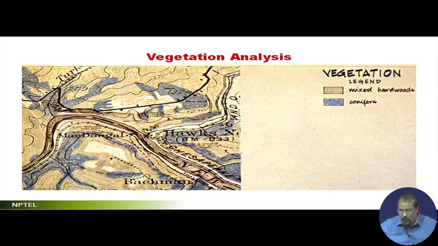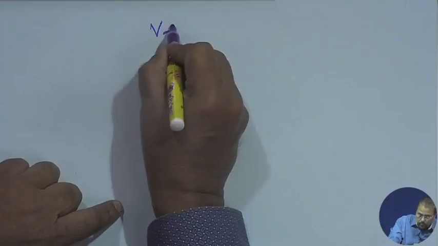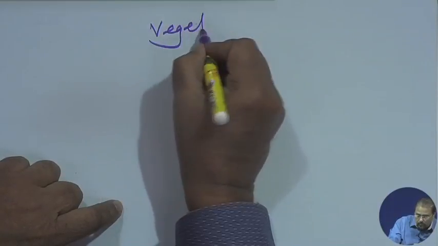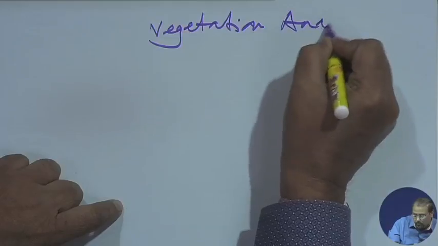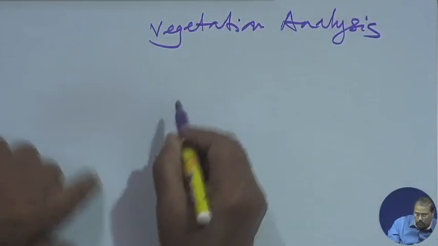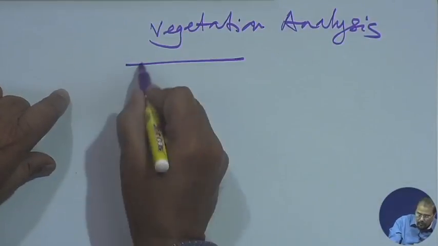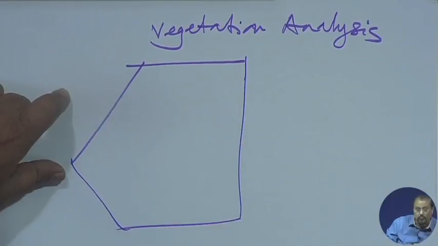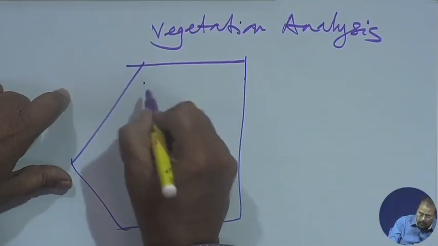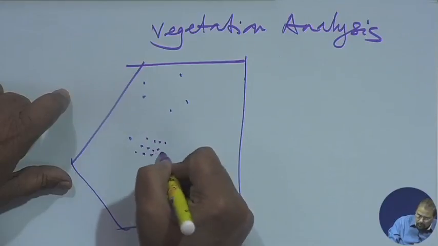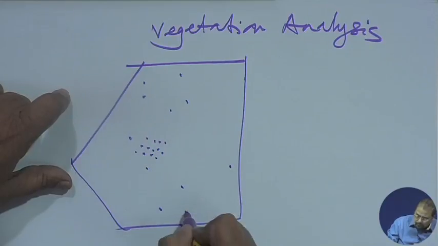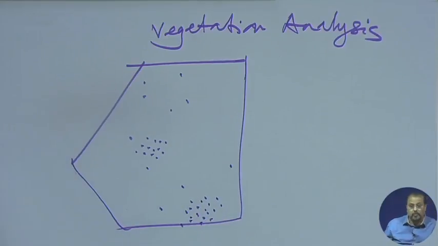For this, what you are supposed to find out in vegetation analysis is this. I am again drawing a very arbitrary site. In this, suppose these are all plants, and these are the locations of plants. Each of the plants is located.